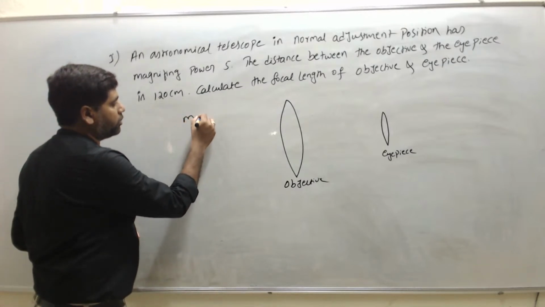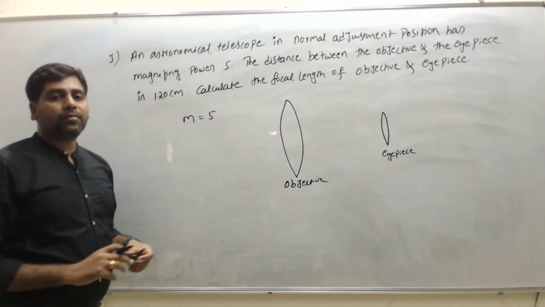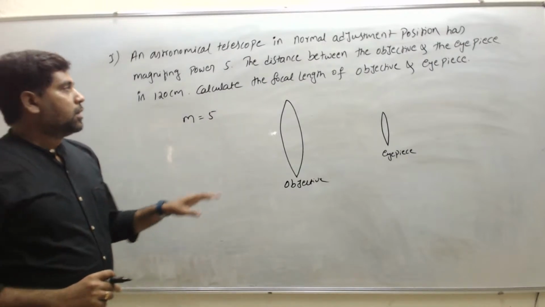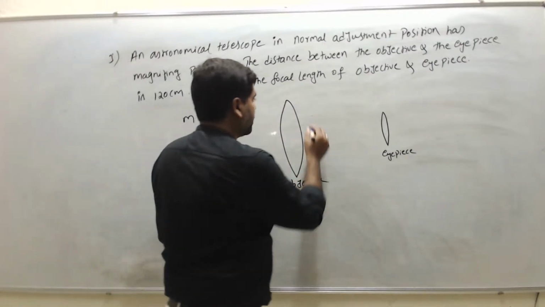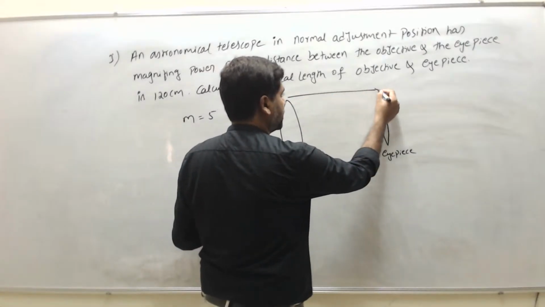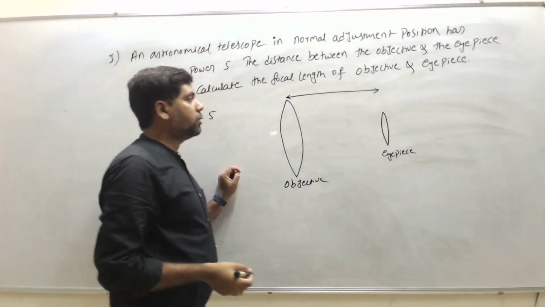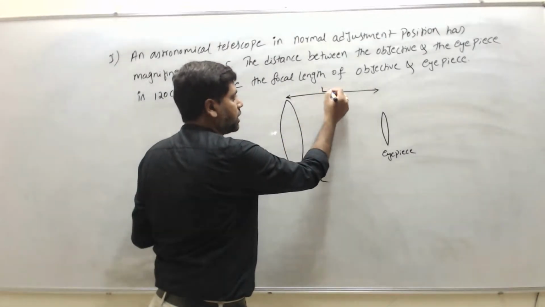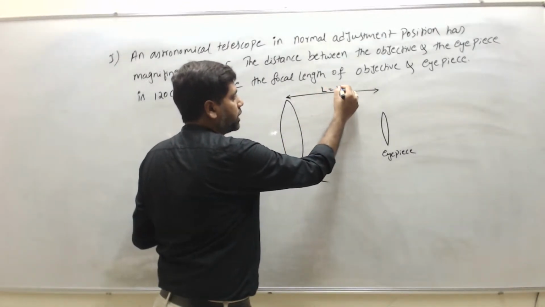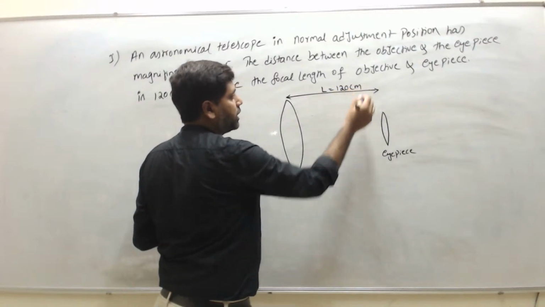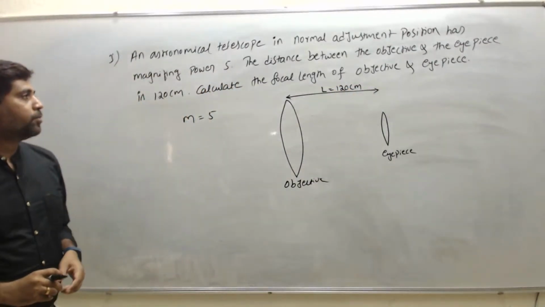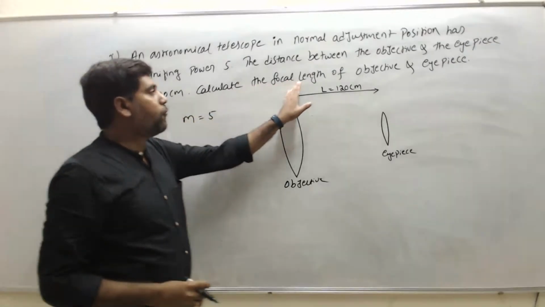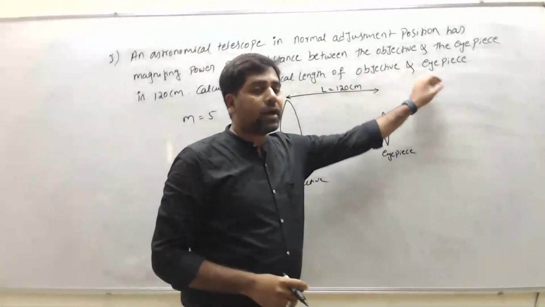They have given m is equal to 5, and they have also given the distance between the objective and the eyepiece, that is 120 centimeter. That is the length of the telescope. They have given L is equal to 120 centimeter. Next, calculate the focal length of the objective and eyepiece.